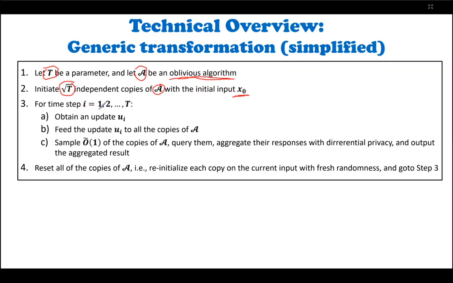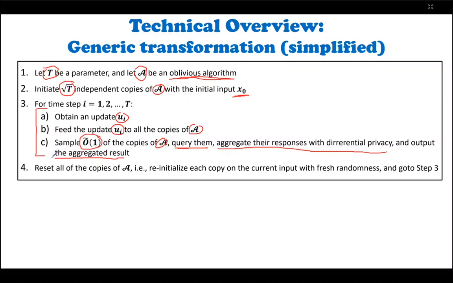Now, for T time steps, we obtain the next update u_i. We feed u_i to all of the copies of algorithm A. And then we sample a constant number of the copies of A, query these sampled copies, aggregate the responses with differential privacy, and output the aggregated result as our current response. We do this for T time steps.